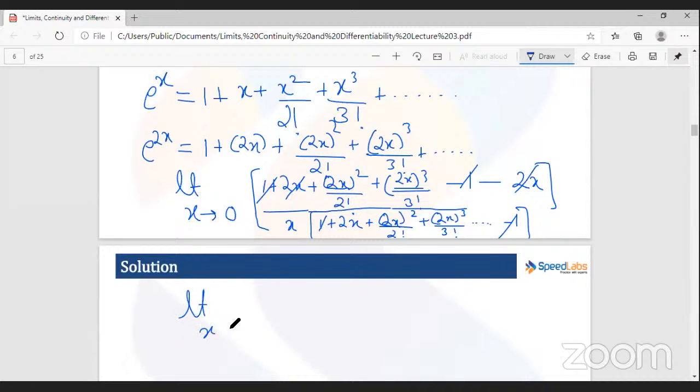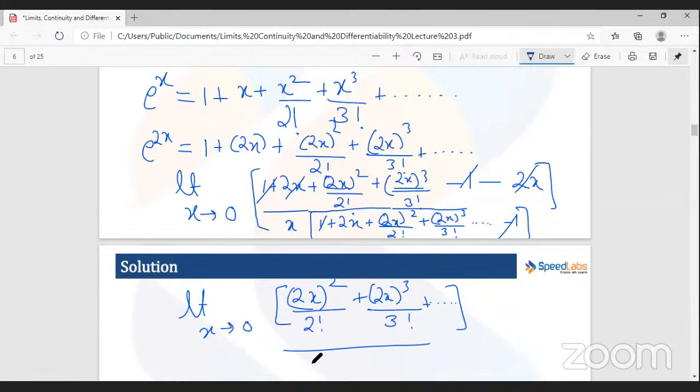So what we get finally is (2x) whole square upon 2 factorial plus (2x) whole cube upon 3 factorial and so on, upon 2x square plus 4x cube upon 2 factorial.